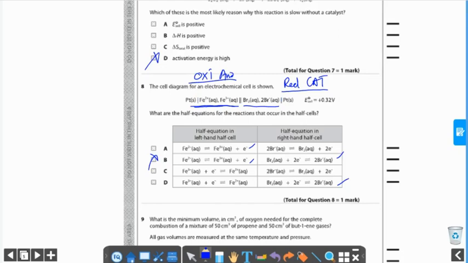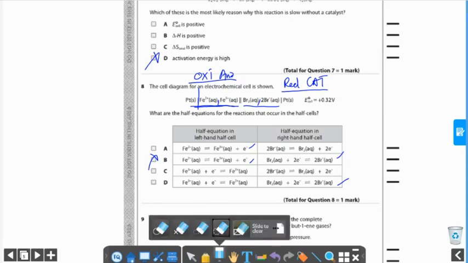This single line represents the phase boundary. Phase boundary meaning if the physical state is different. If the physical state is different to the physical state of the other species, you have to show a single line. If the physical state is same, like aqueous, you put a comma, right? It's the same physical state. So this is not a line which is used to distinguish the electrode.